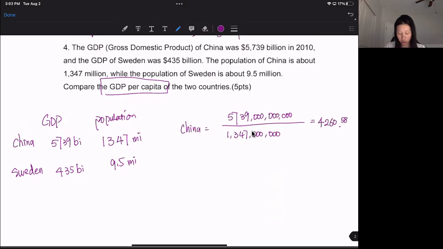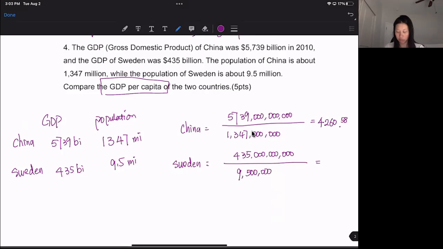And now we still need to calculate Sweden. For Sweden, we have 435 billion GDP, and the population is 9.5 million.